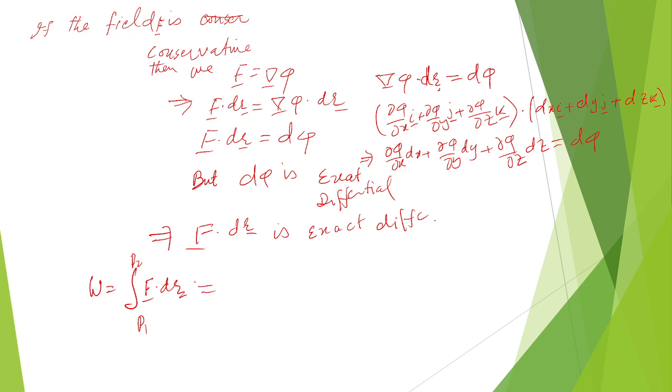If this is exact differential, meaning the field is conservative, then we can put F dot dr as grad of phi dot dr, and that is equal to d phi.